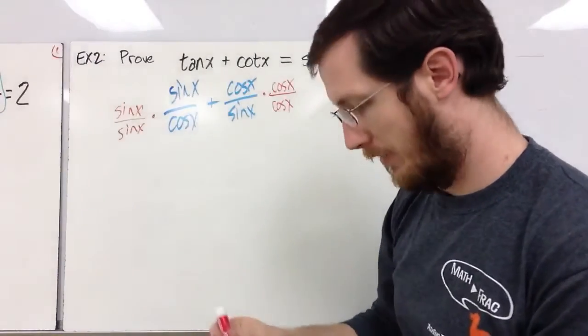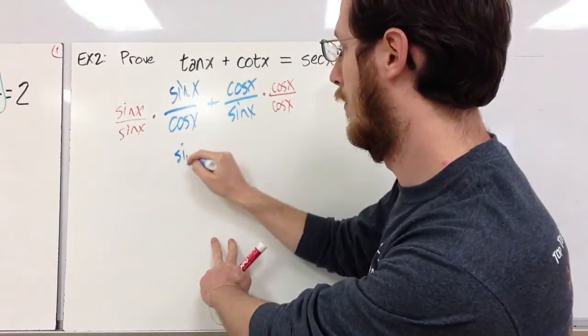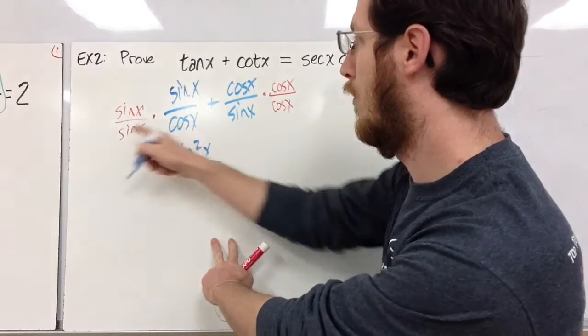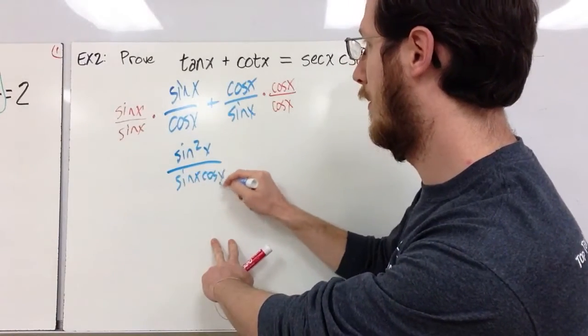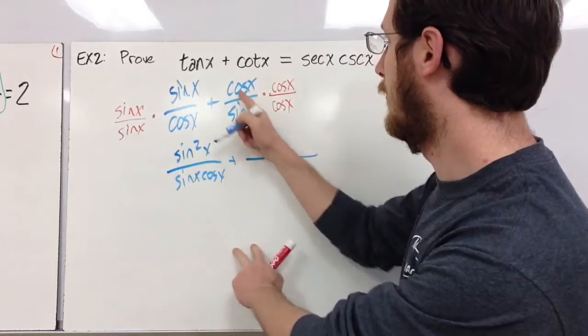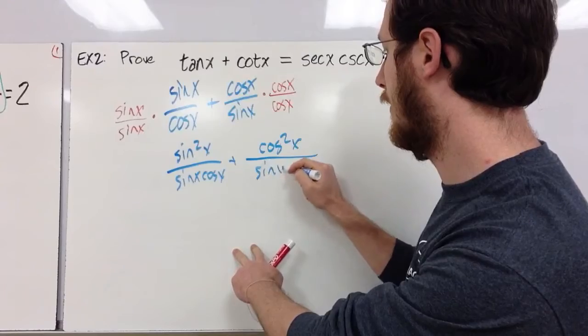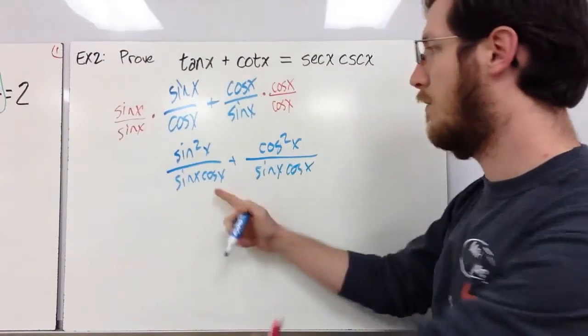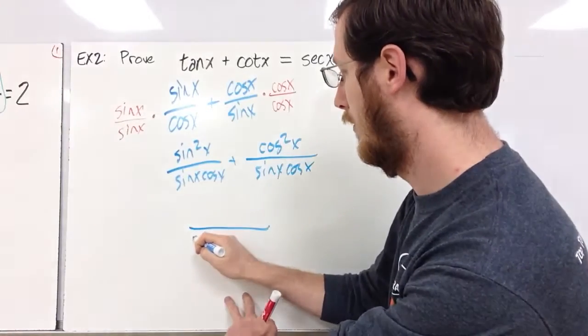So now we've got sine squared of x over sine of x cosine of x plus cosine squared of x over sine of x cosine of x. See where this one's going? Now we've got common denominators, so combine them.